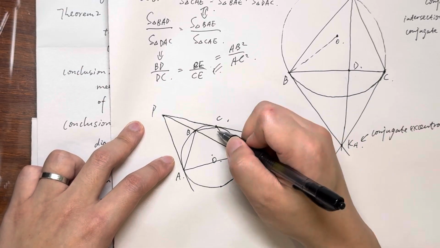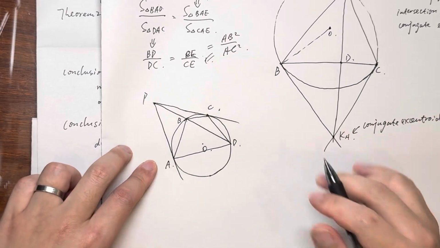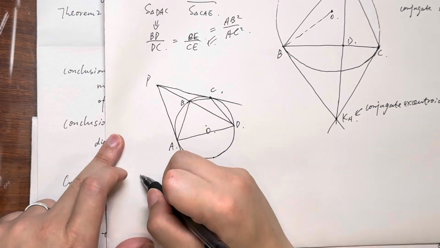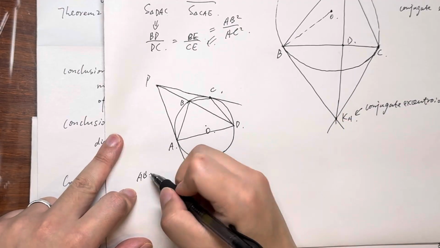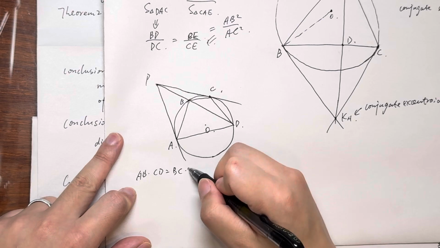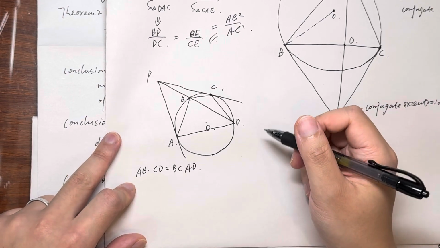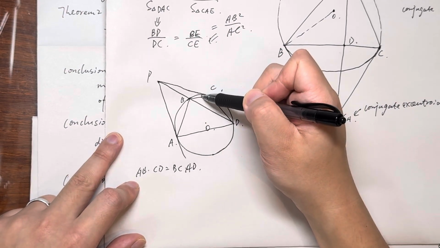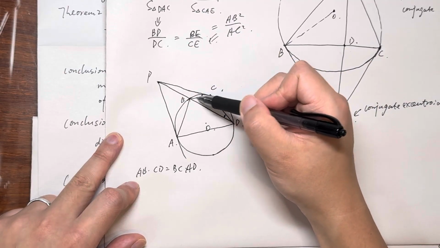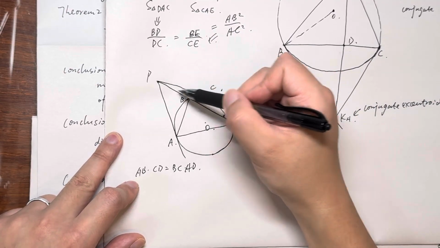We can prove this again here. We want to prove that AB times CD equals BC times AD, right? And it's obvious that this angle equals this one, right? Because this is a chord with a tangent line, right?